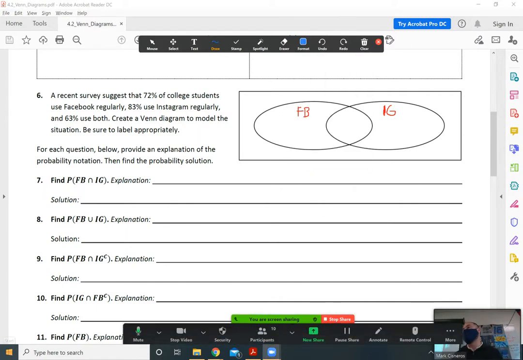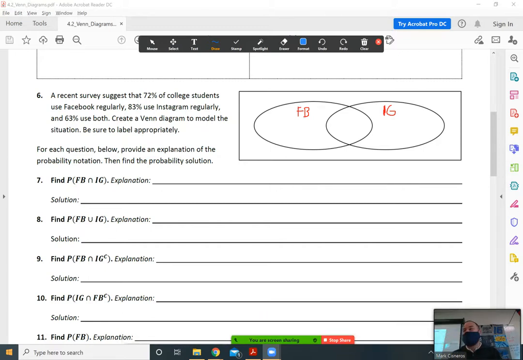All right, which number can we put in first? Which number has to go first? The 63 for sure goes where? In the middle. It literally says 63% use both. So that one has got to be in the middle.